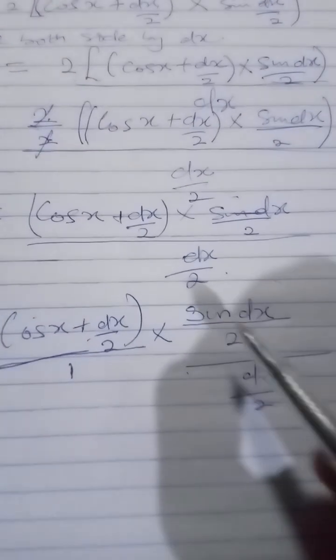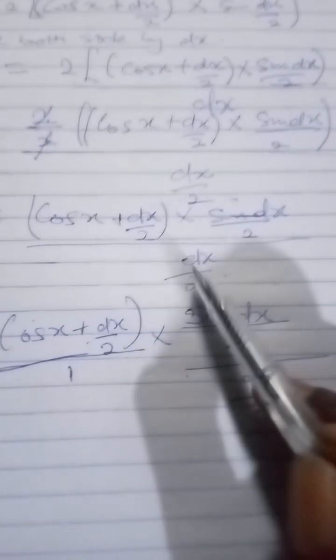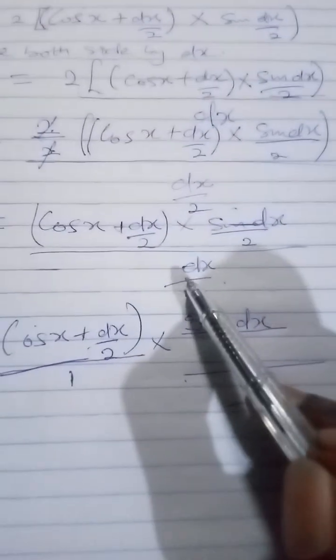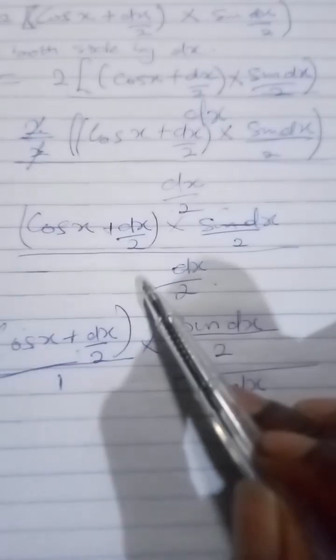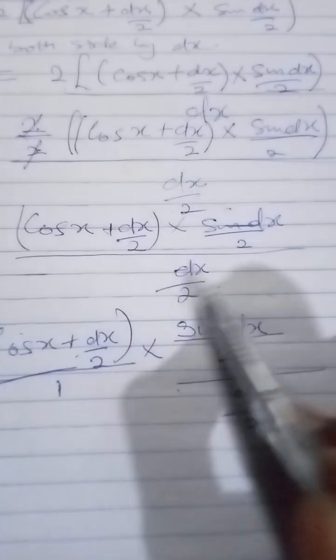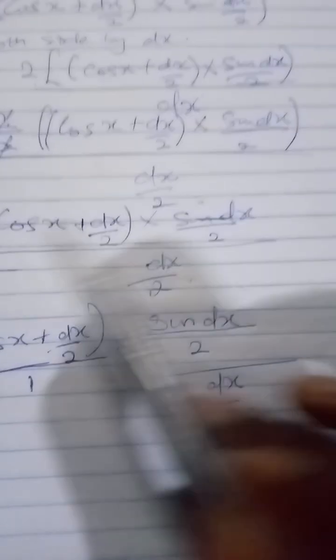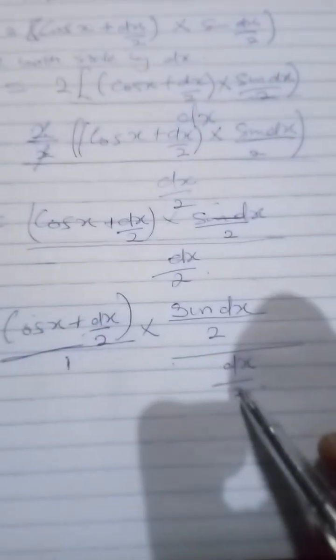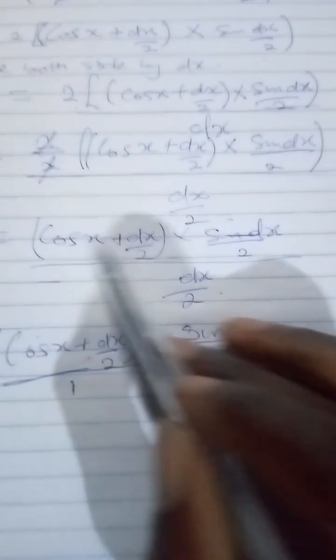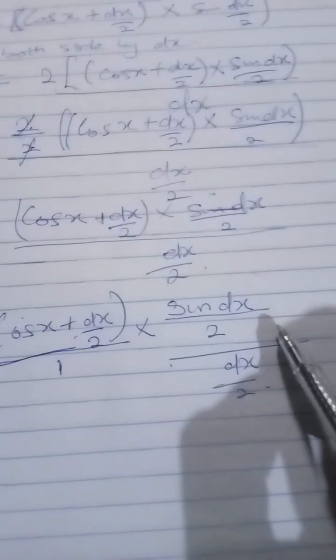Since it is a multiplication, we move this one to the other side, so this place will now be 1. To get back what we have here, multiply 1 times dx over 2, it will give you dx over 2. So the numerator remains. Is that cleared? Very good.